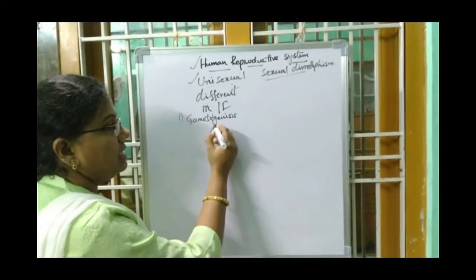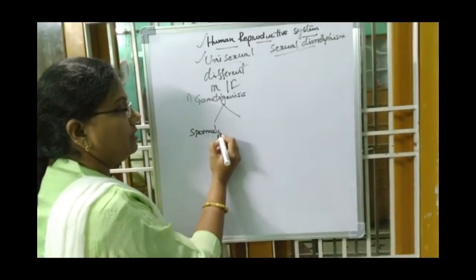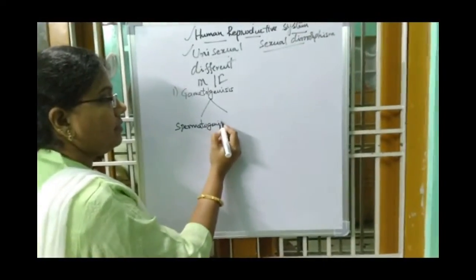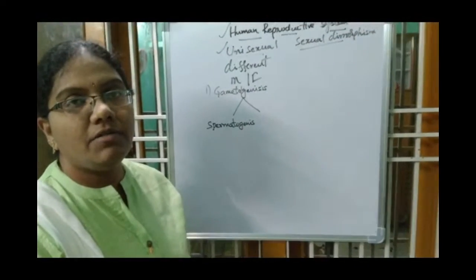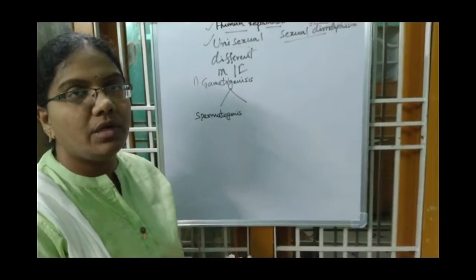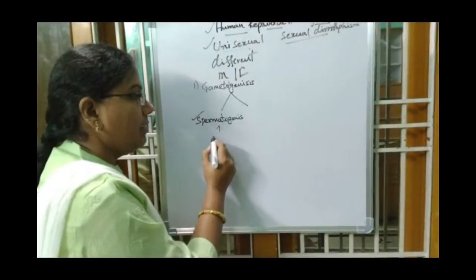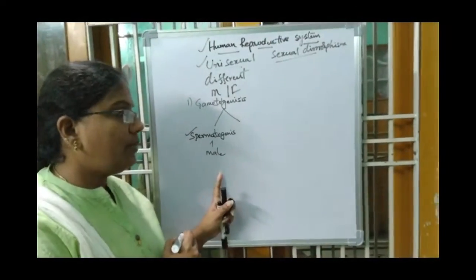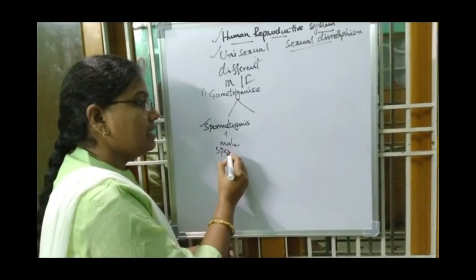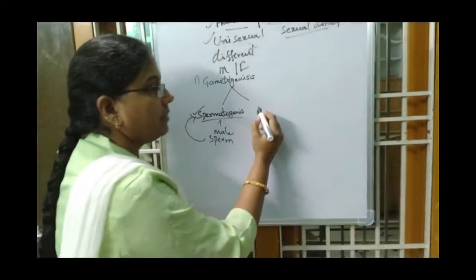This gametogenesis is again divided into spermatogenesis. What is spermatogenesis? Production of sperms by the male. It means male organisms produce sperm cells. Production of sperms is called spermatogenesis.